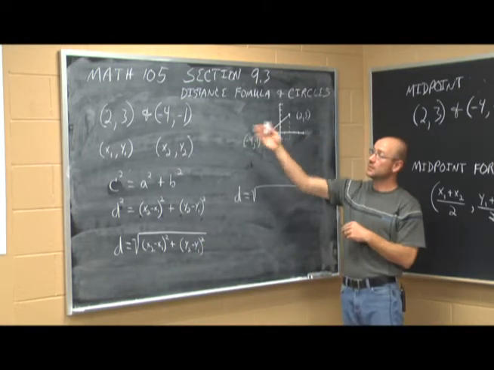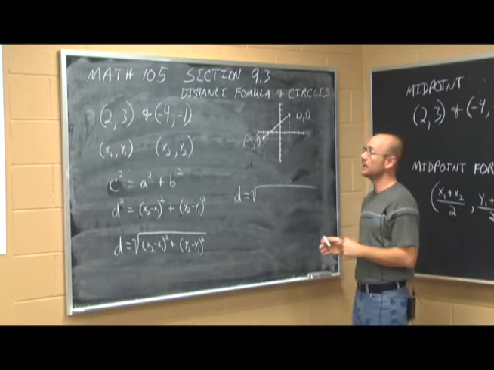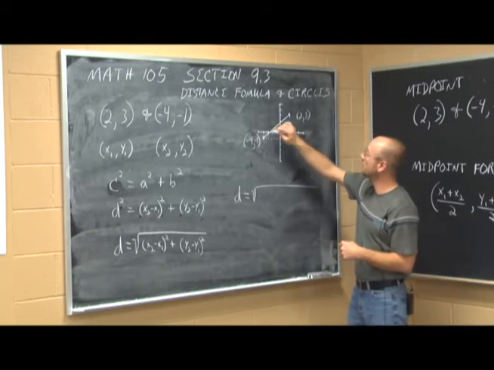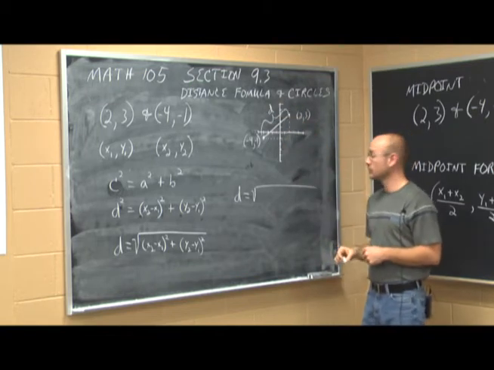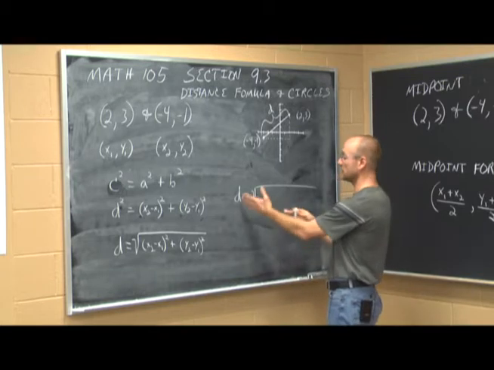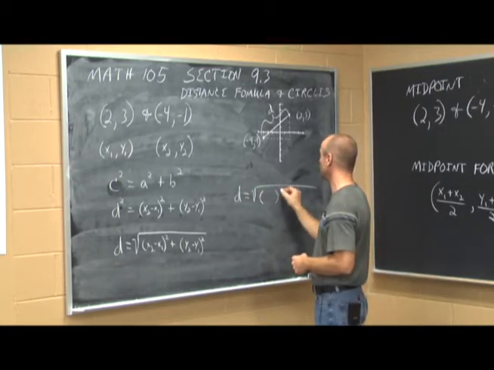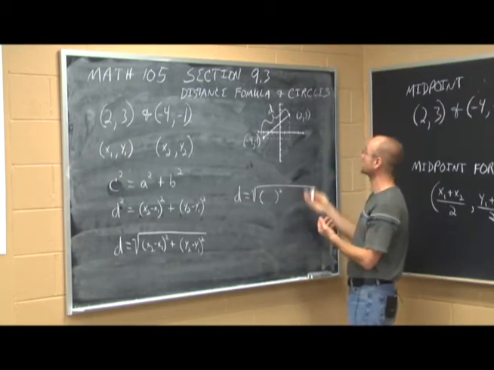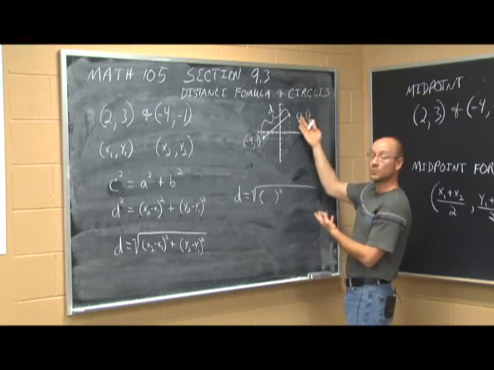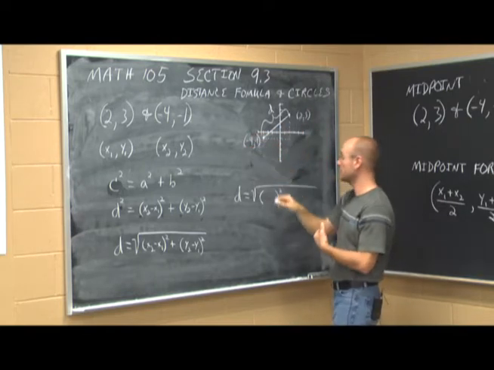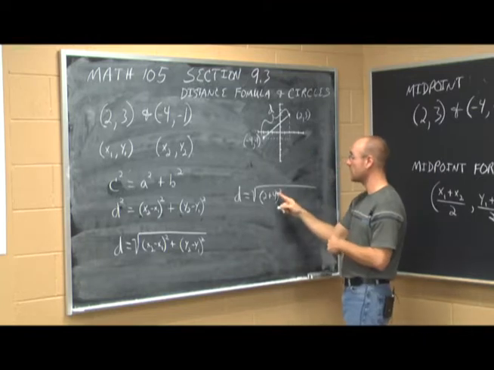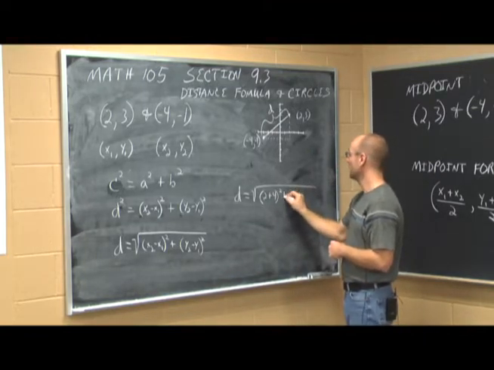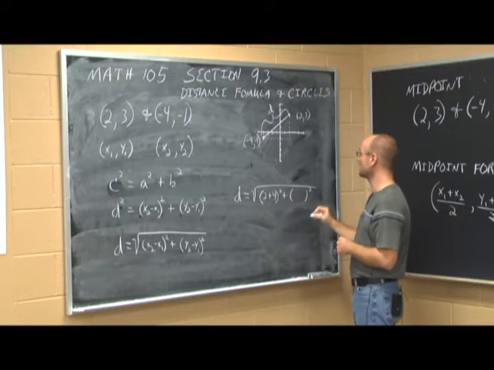So if we consider these 2 points, (2, 3) and (-4, -1), we can find the distance between them using the distance formula. Distance is the square root of my change in x squared. How do we find the change in x? If we call this point 2 and this point 1, the change in x is 2 minus -4. We subtract a negative, so we get positive: 2 plus 4, plus the change in y squared.